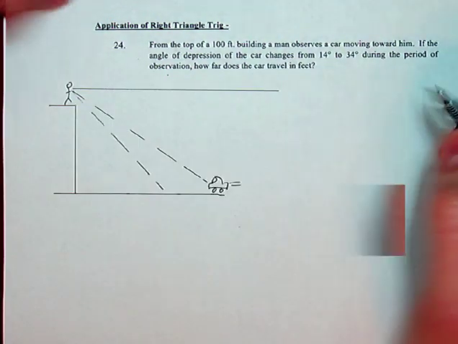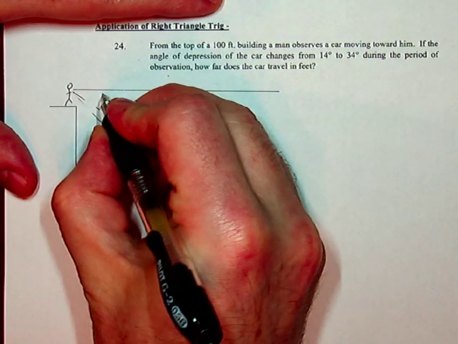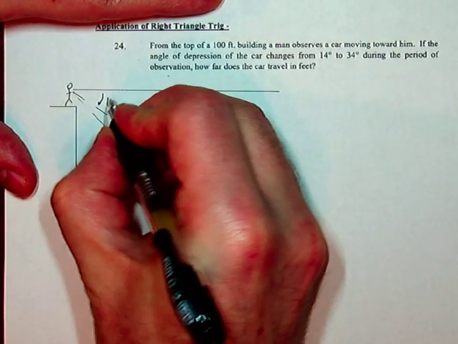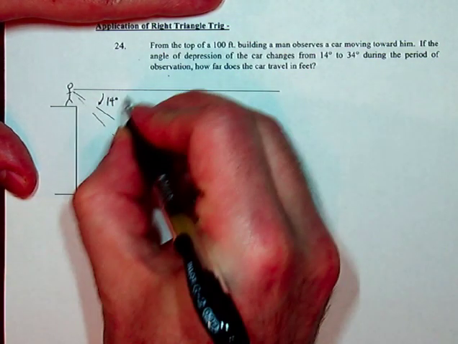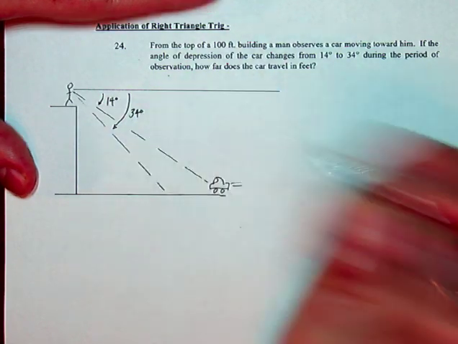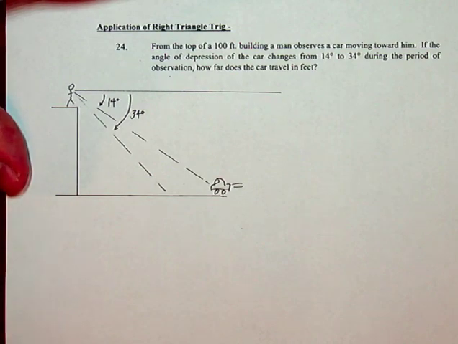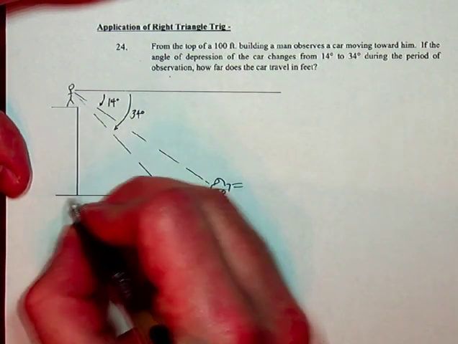If he were looking straight out, parallel with the horizontal ground, he would have an angle of depression in terms of his eyesight of 0. But when he first sees the car, that angle of depression is 14 degrees, and when he's finished observing the car, it's 34 degrees.